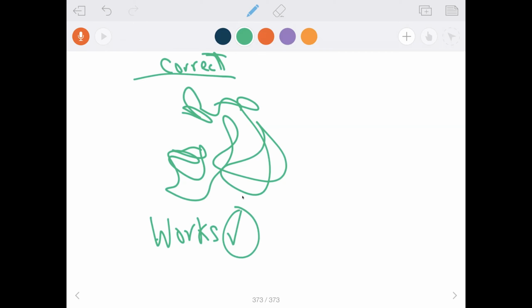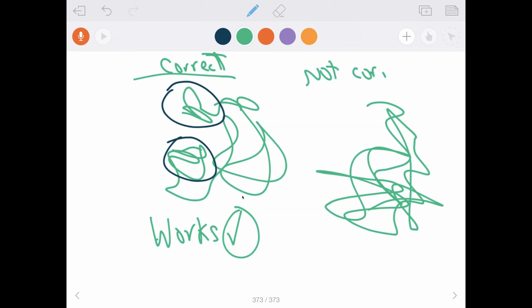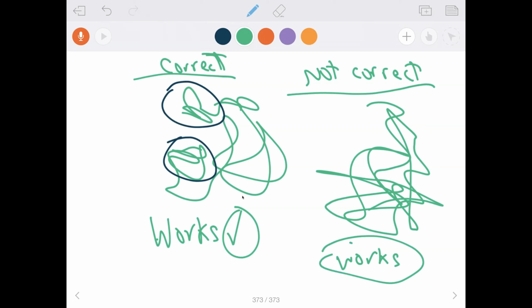It works. But if it doesn't fold properly, notice it's missing this group right here and this group right here. So notice this is not correct, and it does not work. Okay? The protein will fold to a very specific shape.